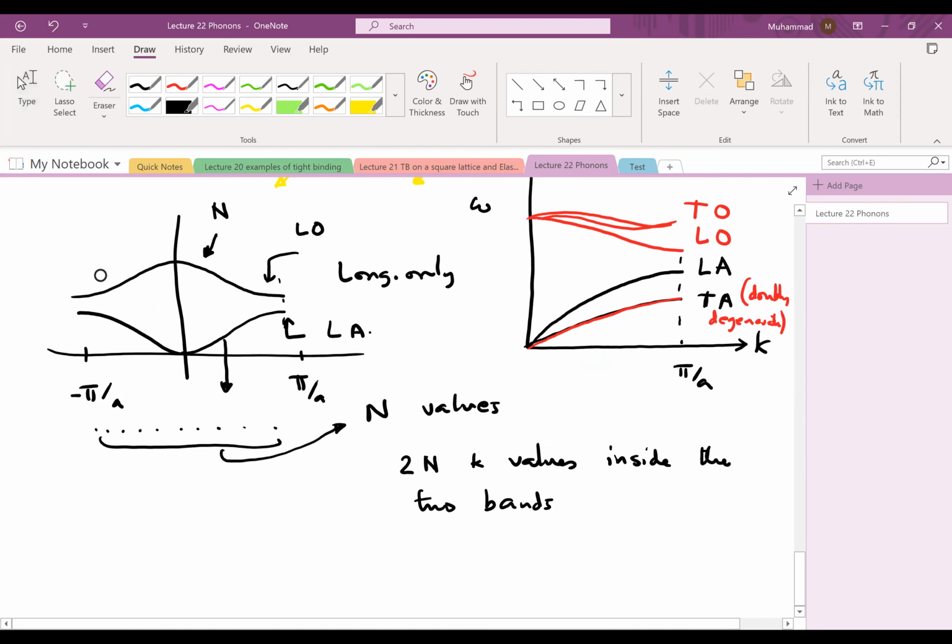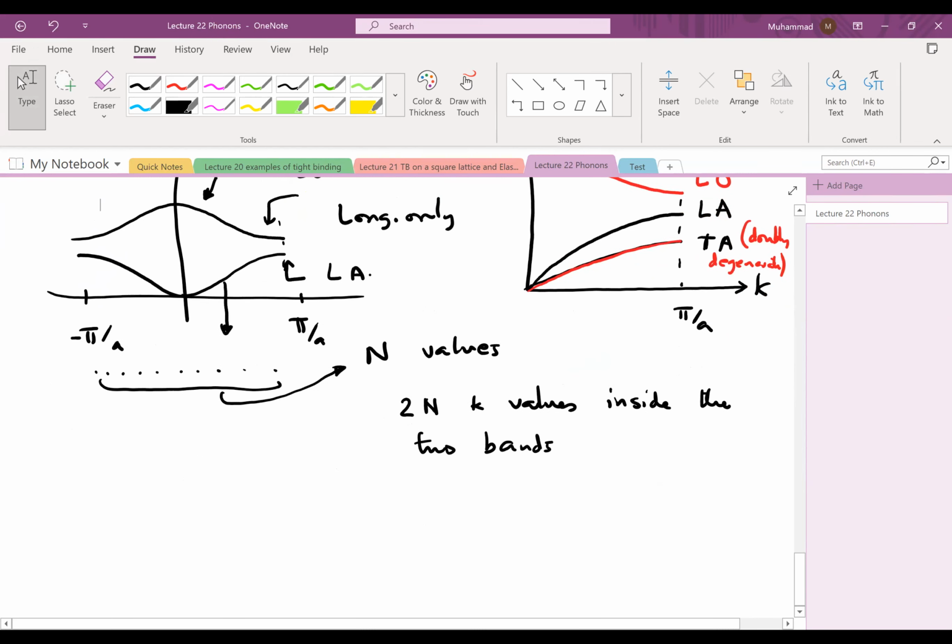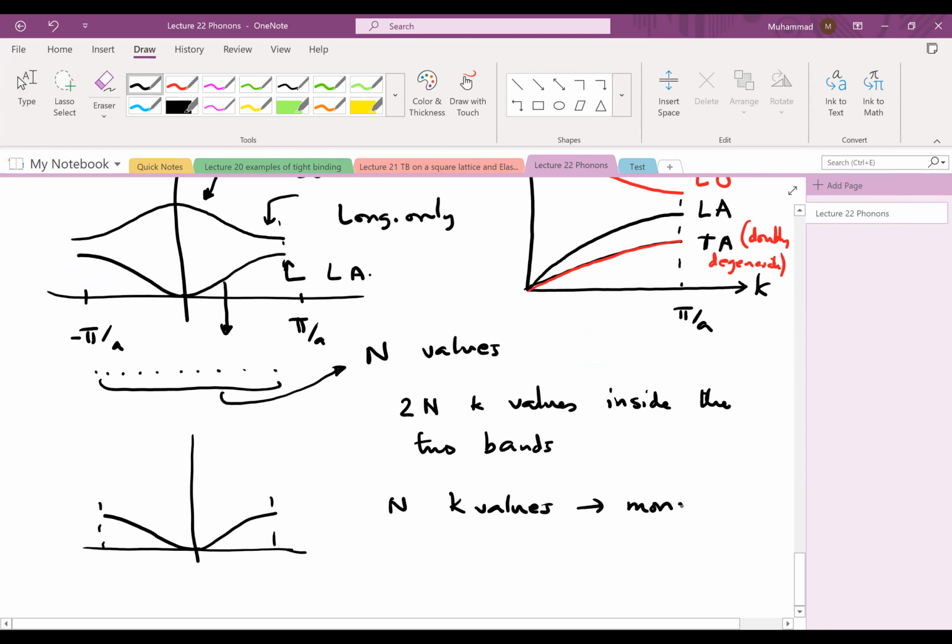All right. So remember this is a diatomic case. If I had a monatomic solid, I would just get the acoustic branch, just N K values. And that's because only 1 degree of freedom is possible for the atom.